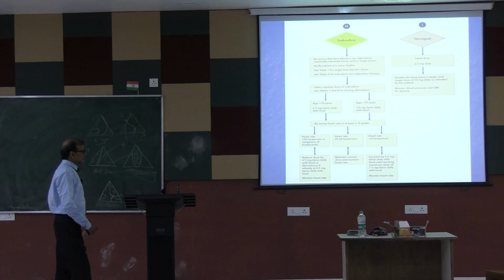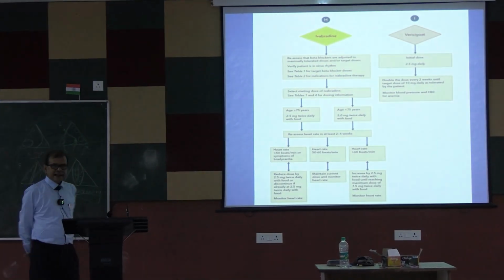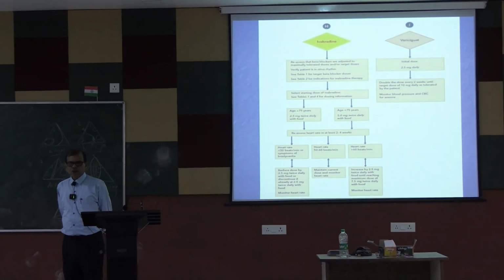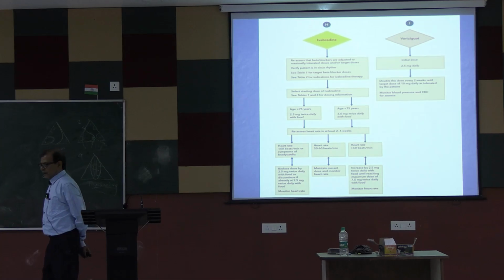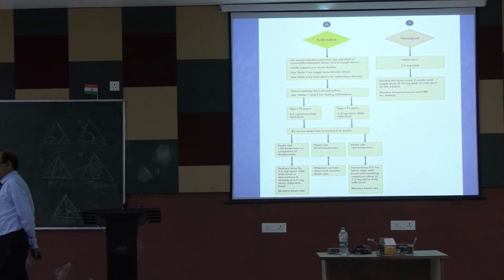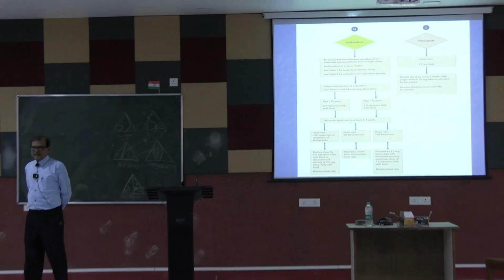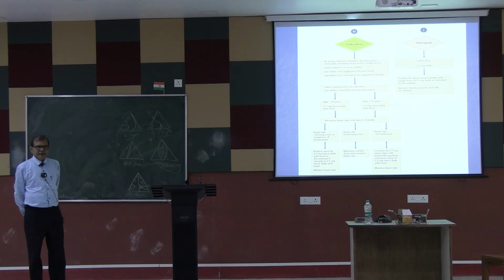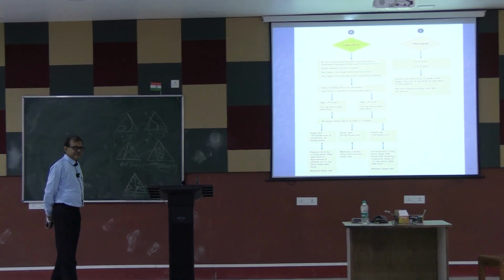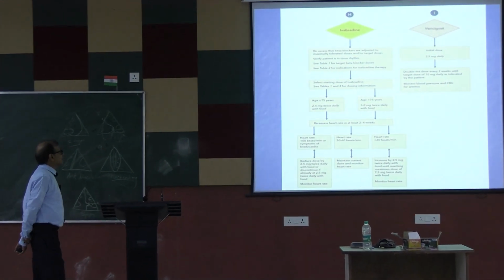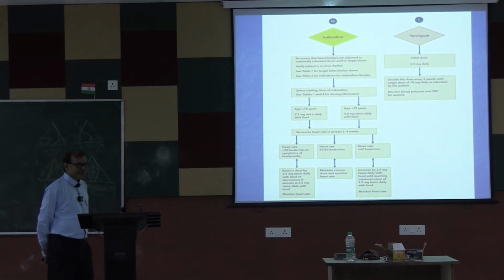Plan H, that is Ivabradine. For NYHA functional class 2 to 3 with a heart rate of more than 70 on maximal tolerated doses of beta blocker, we should add Ivabradine.